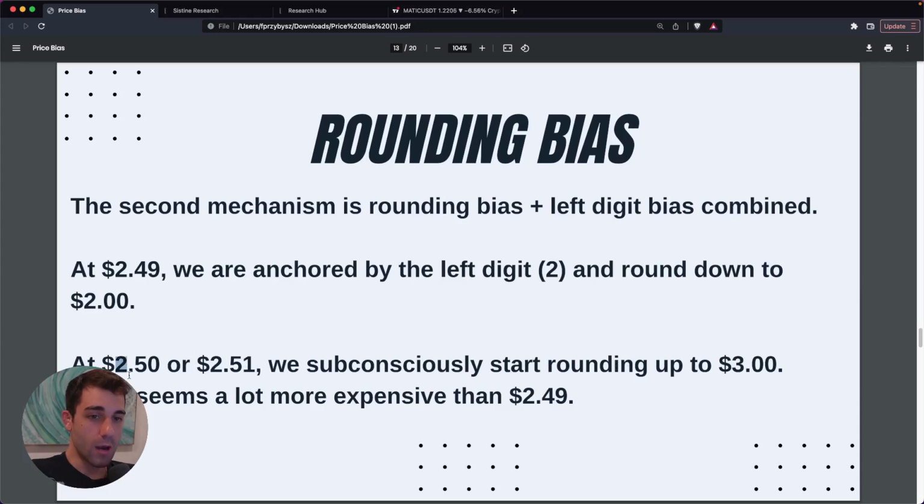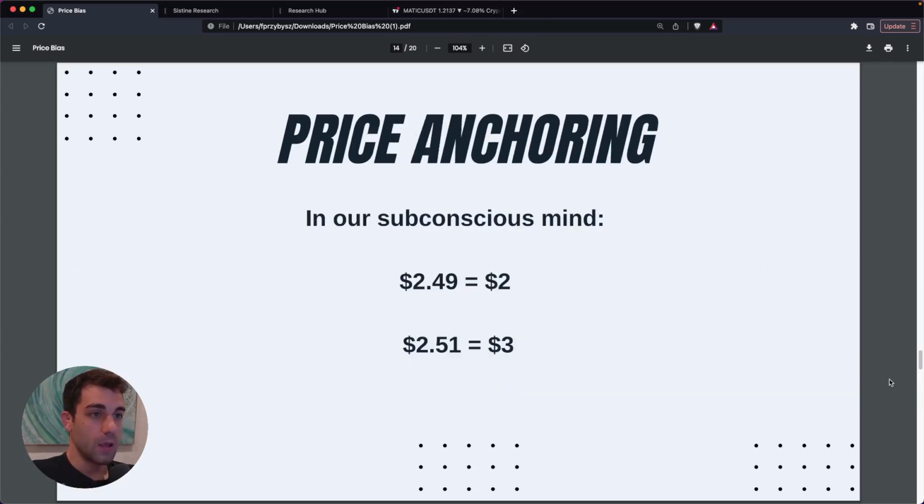Yes, we are anchored to $2 with the left digit bias, but when we cross over to $2.51, our minds can start rounding this up to $3, which does seem a lot more expensive in comparison to $2.49, where we'd round down subconsciously. So in our subconscious mind, $2.49 equals $2, while at $2.51 we are anchored to that left digit but also subconsciously rounding to $3.